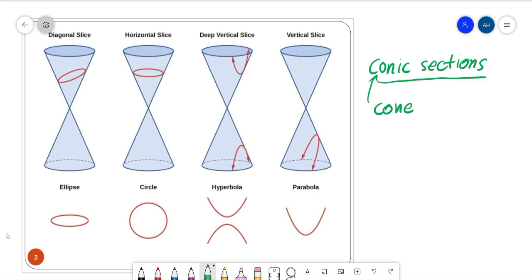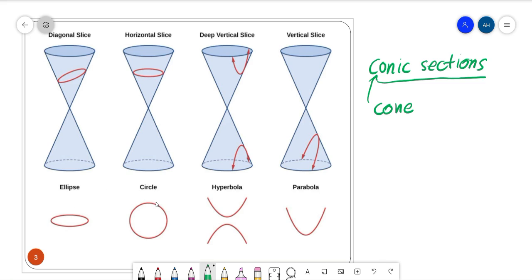For example, an ellipse: if we have a cone and we cut the cone at a certain angle, for example like this, we are going to have an ellipse. Therefore we say an ellipse is a conic section because we get it by slicing a cone at a certain angle.